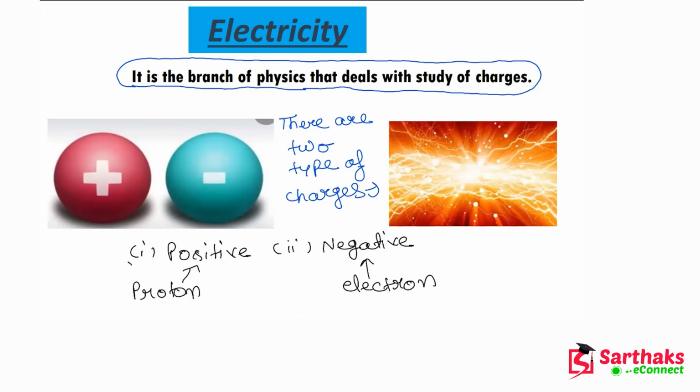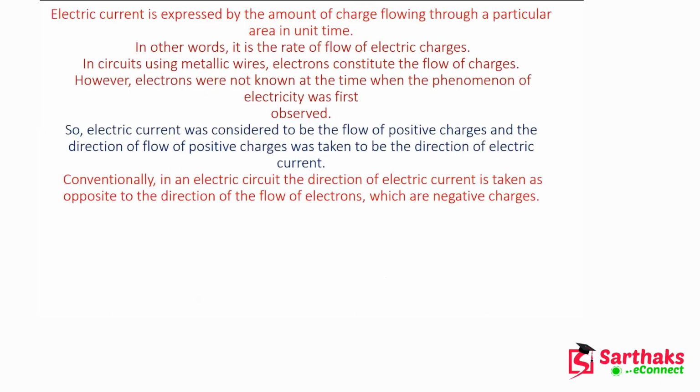I hope guys you understand what I want you to understand. So let's move on to the next slide. So here some theoretical points are written. I am reading these points and after that I will explain. So electric current is expressed by the amount of charge flowing through a particular area in a unit time.